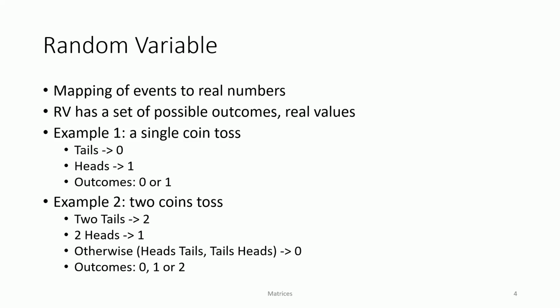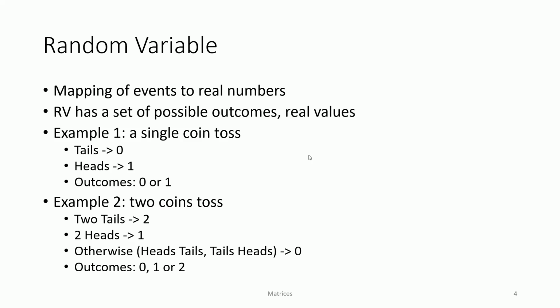So the idea is that you don't need to map event to a number, event by event. You can map sets of events. So in this case, again, outcomes are 0, 1, and 2. The understanding of an outcome is very important. In the next few slides, I will point to a difference between an outcome and an observation.